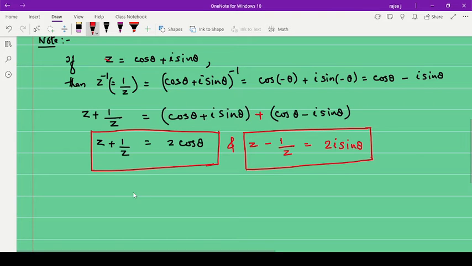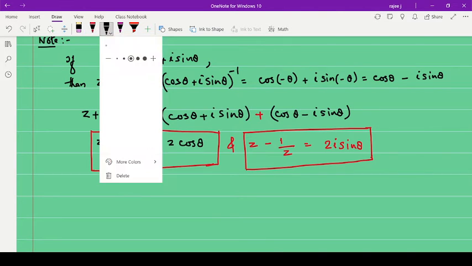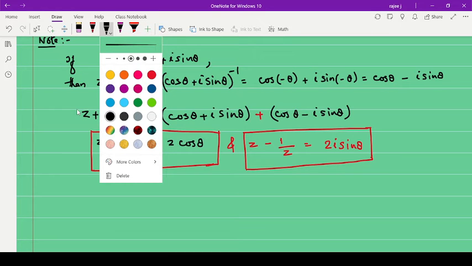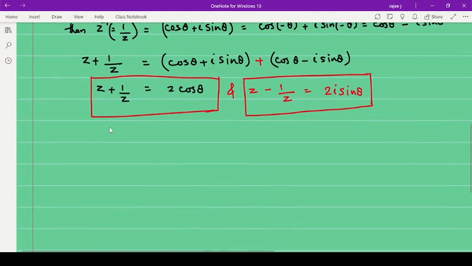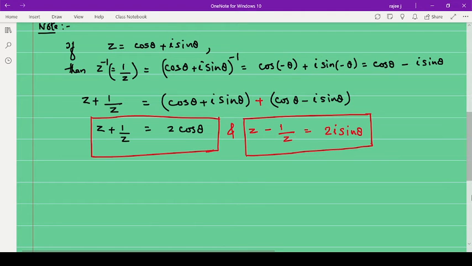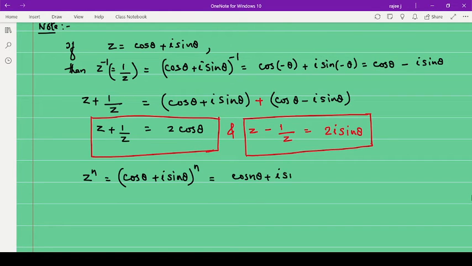Now after this, what you have to see is, this we have taken for z. Now if I take z raised to n, the same way, cos theta plus i sin theta the whole raised to n, which is otherwise cos n theta plus i sin n theta using De Moivre's theorem.